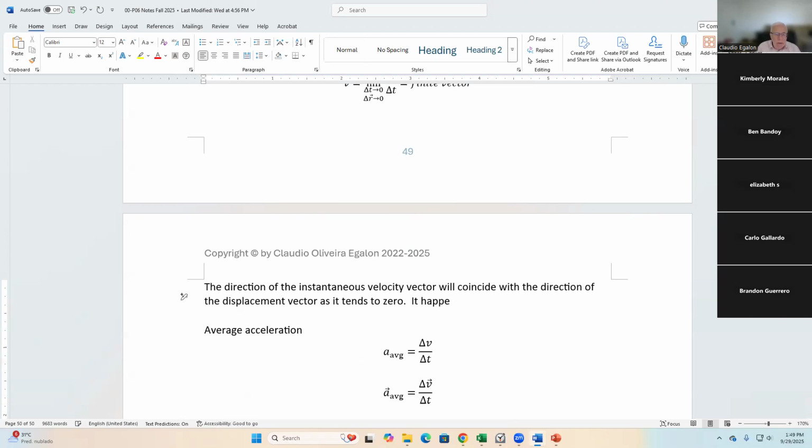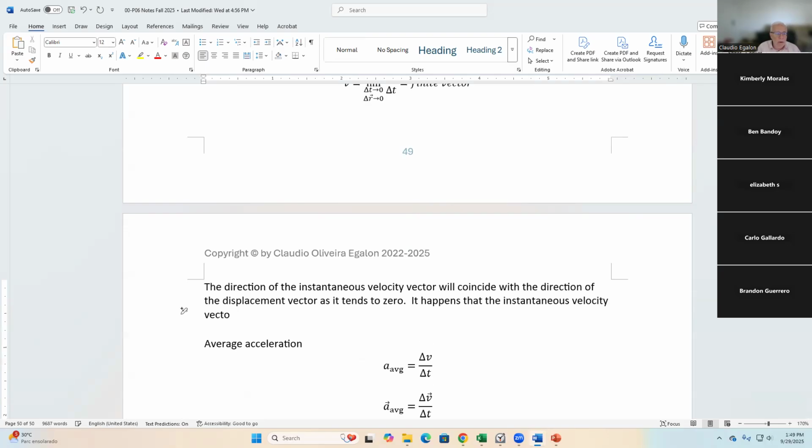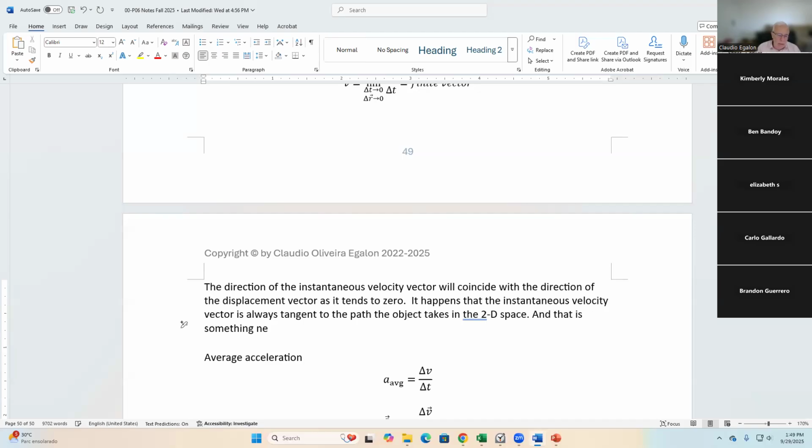It happens that the instantaneous velocity vector is always tangent to the path the object takes in the two-dimensional space. And that is something new compared to 1D motion.